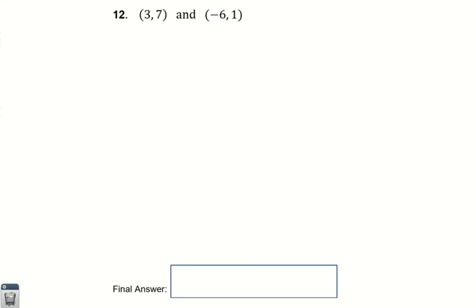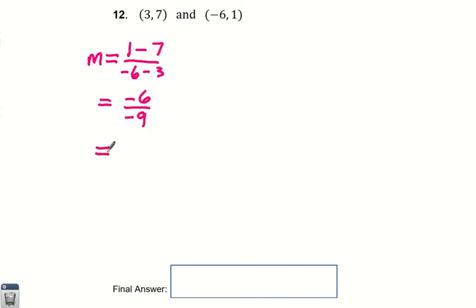Next. Another one of these. It's going to be the same song and dance. y2, y1. So 1 minus 7. x2, x1. One minus 7 is -6. -6 minus 3 is -9.